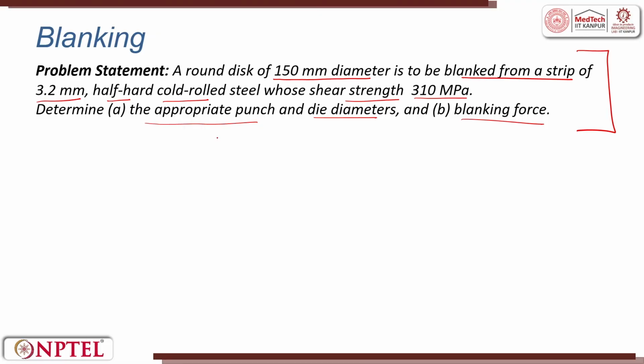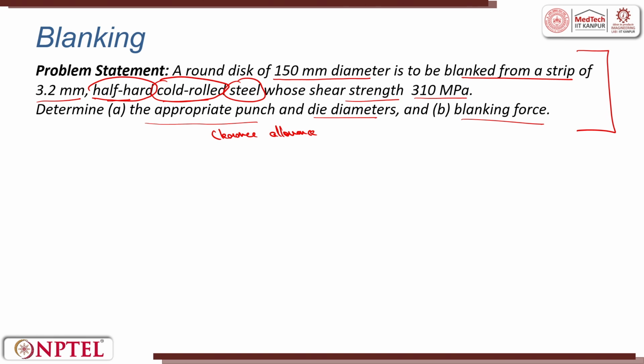Now clearance allowances are there, so I will just put it here. Clearance allowance for a specific kind of blanking. Now this is half hard, cold rolled, and this is steel.